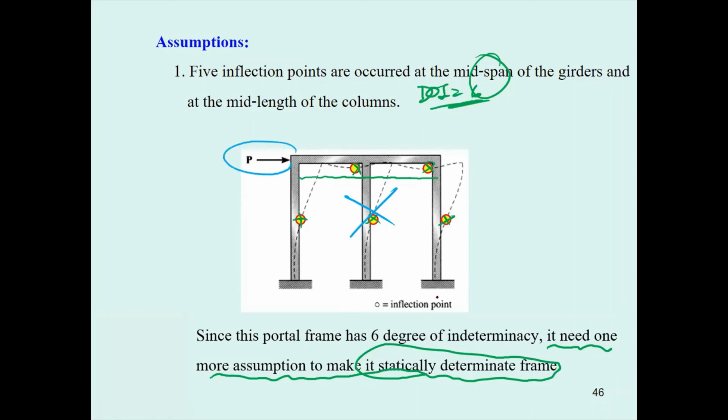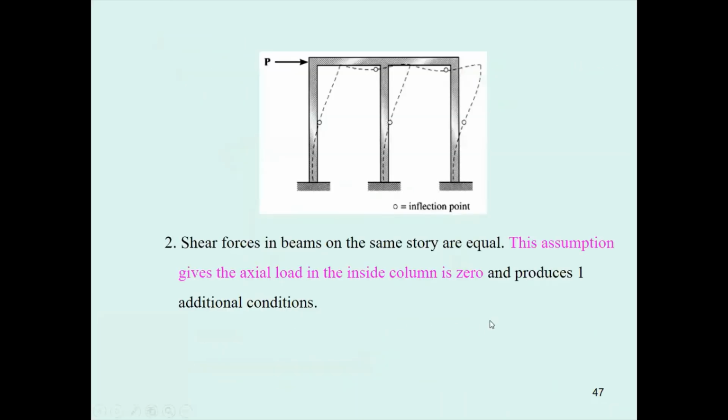Only this one will take the force. And then based upon this, you also have the assumption that the shear forces in the beams on the same story are equal. And this assumption makes the axial load for the inside column 0.